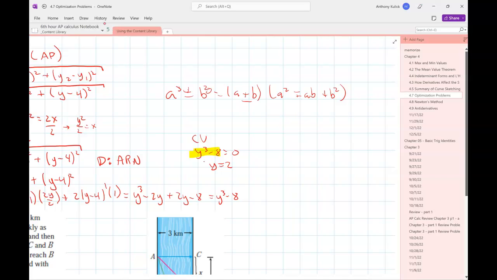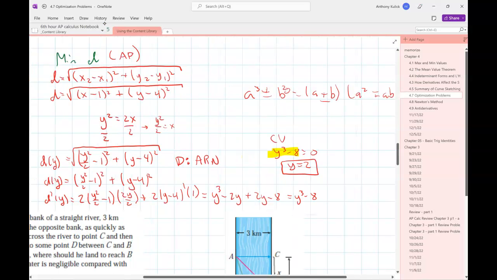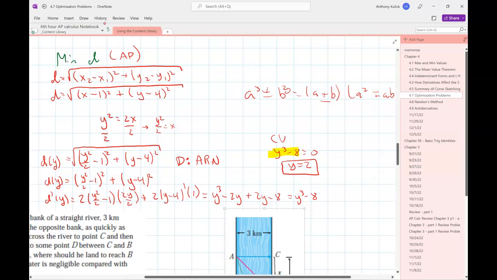All right, so there's my value for y. How do I know that's going to represent the minimum? Because the only other solutions are imaginary. Well, couldn't it be a maximum? So what I would do to check this is either plug in a value on either side of it into the derivative and show that we have decreasing to increasing, or you could look at the second derivative.